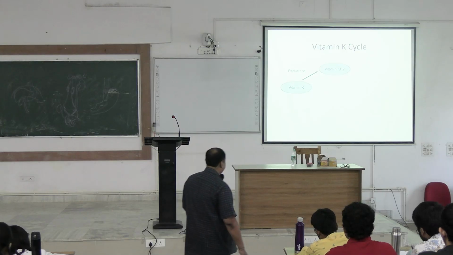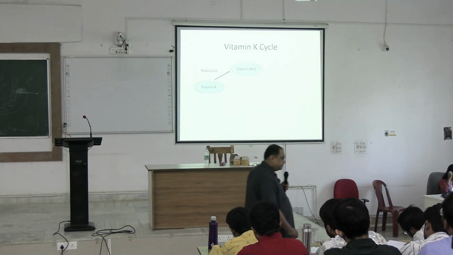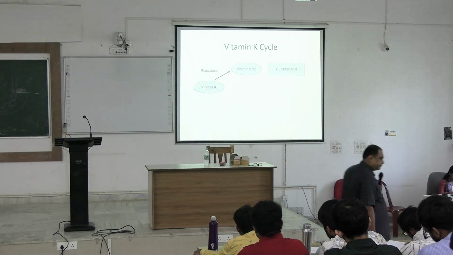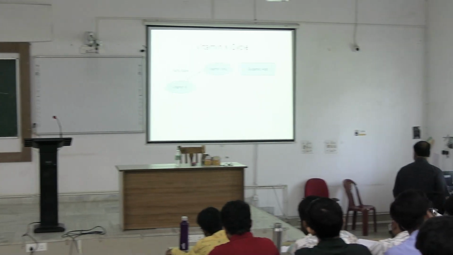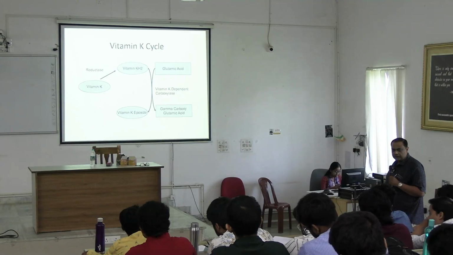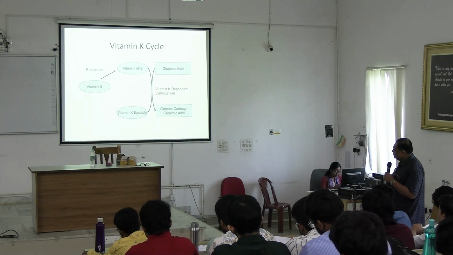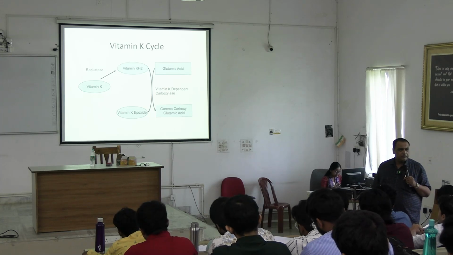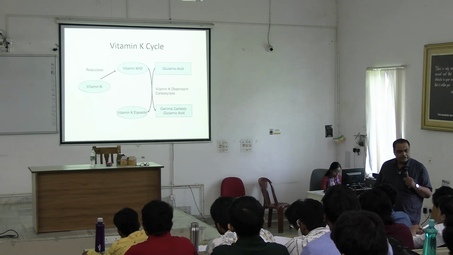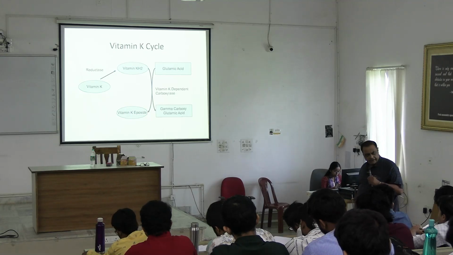Vitamin K is first reduced to reduced vitamin K by a specific reductase enzyme, correct? And then this reaction takes place. What is this reaction? Gamma carboxylation. One molecule of glutamic acid is converted to gamma carboxylic acid, GCA.